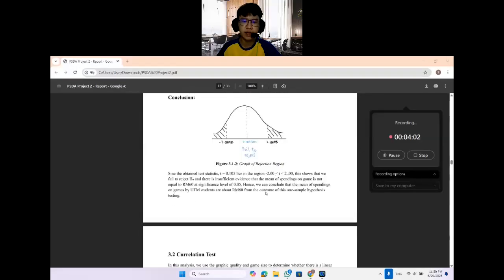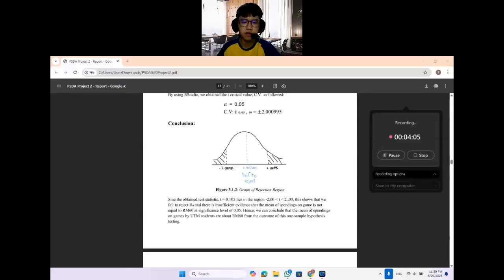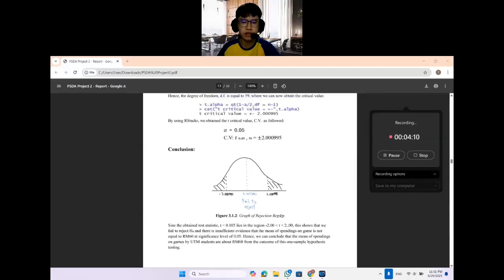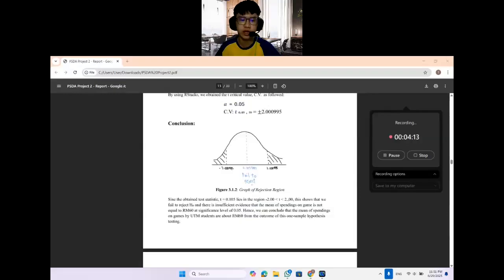With the test statistic of 0.105302, in the graph of the rejection region, we can see the t value lies in the fail-to-reject region, between negative 2 and positive 2.